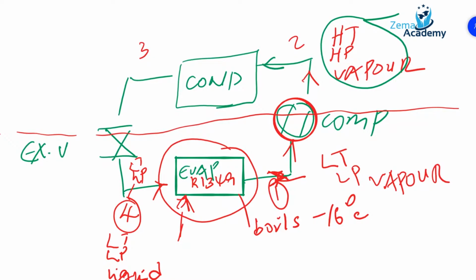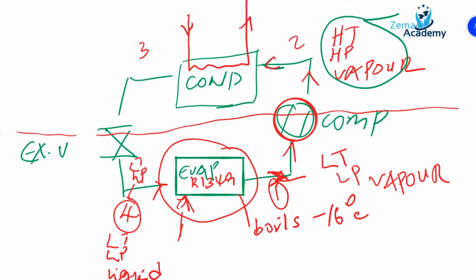By passing it through the condenser, you're rejecting the heat. Here you will have a secondary circuit to remove the heat from the condenser. We will look at whether you're using air or water to remove the heat from the condenser, and that's how a condenser is classified: either an air-cooled or a water-cooled condenser.